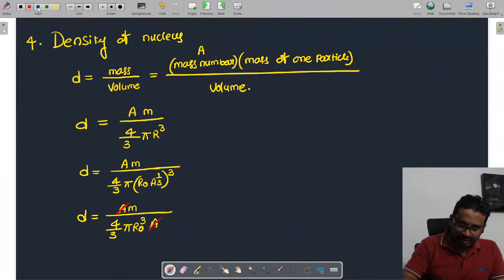So then how much will the D value come to be? The 3 will come to the numerator, 3m by 4 pi into r naught cube.